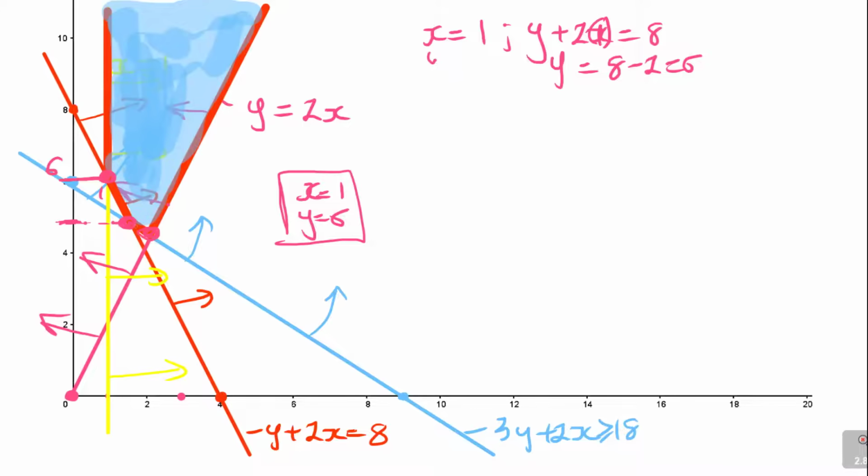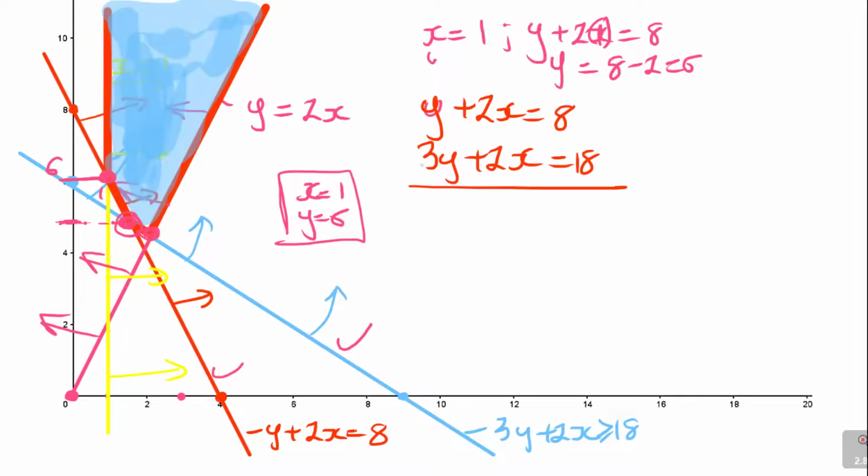Let's look at the other one here. Two graphs are meeting here. What is that graph? It is this one and this one. So what do I have? Let me use a different marker. I have got y plus 2x is equal to 8, and I've got 3y plus 2x is equal to 18. Very simple one also.